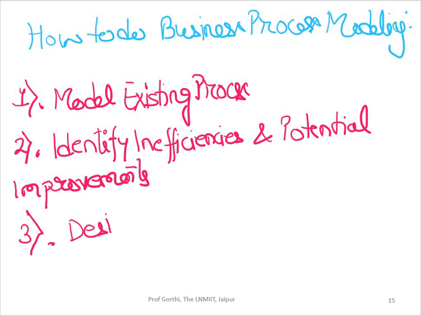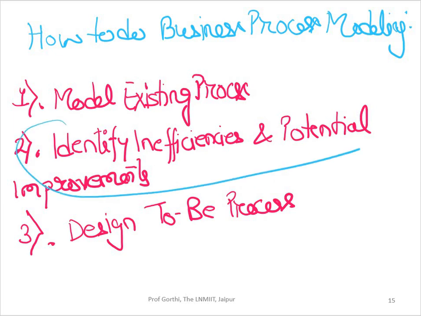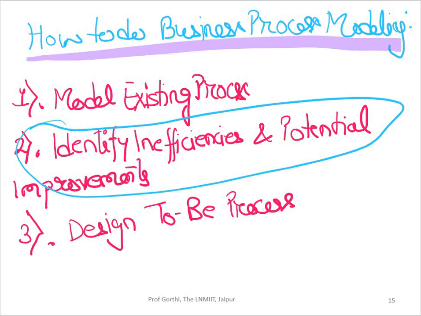Then design to-be process. Now design the new and the improved process based on your findings in this step. And finally make it a workable model. Right, and that's how we can go ahead with business process modeling.